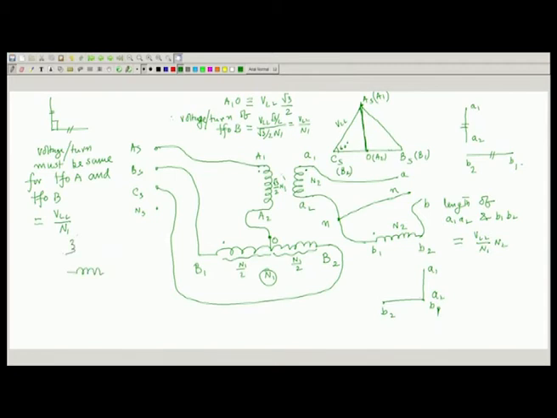This was A1 A2, this was B1 B2, and the A1 A2 voltage is here. So, I could join A2 with B2. Did I not join that? No. Why did I not join? A2 with B2 I could short.